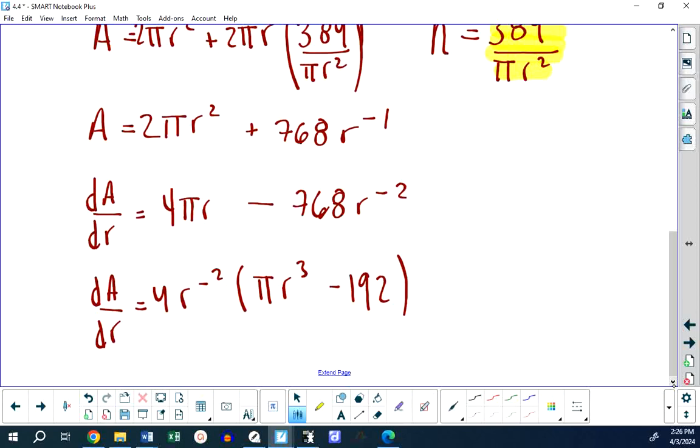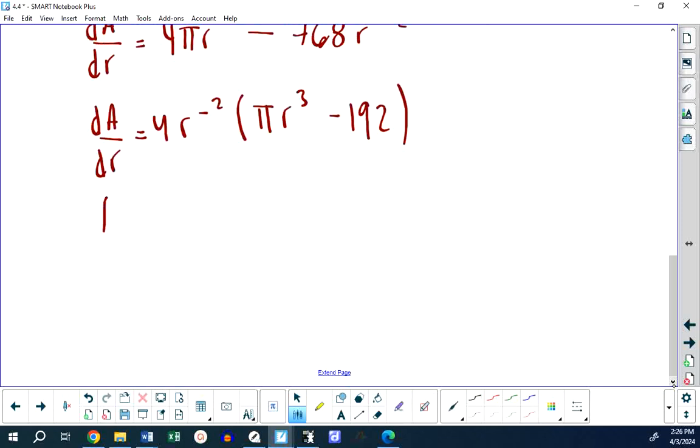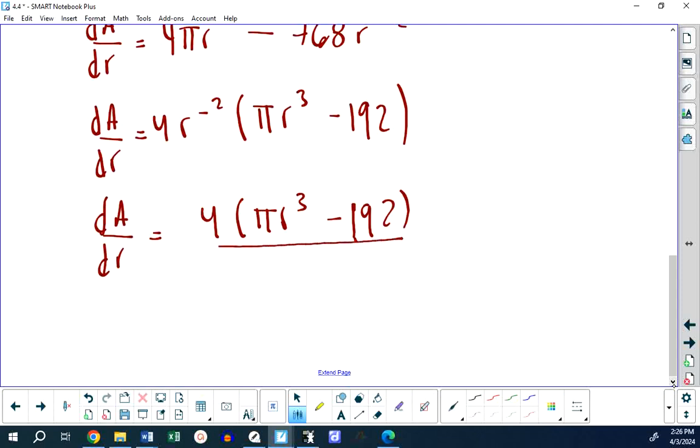If I multiply that in, I get 4 pi r minus 768 r to the negative 2. It's fine. Okay. So in complete factored form, dA dr is equal to 4 times pi r cubed minus 192 over r squared.